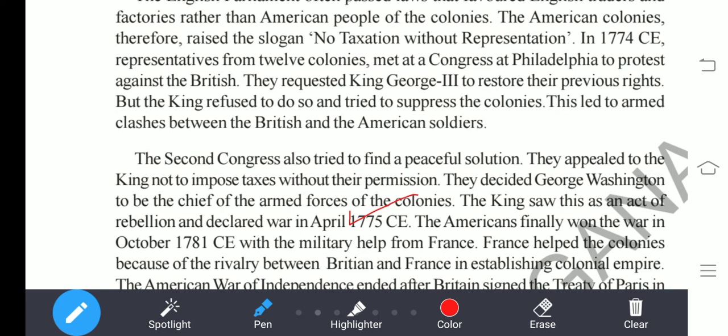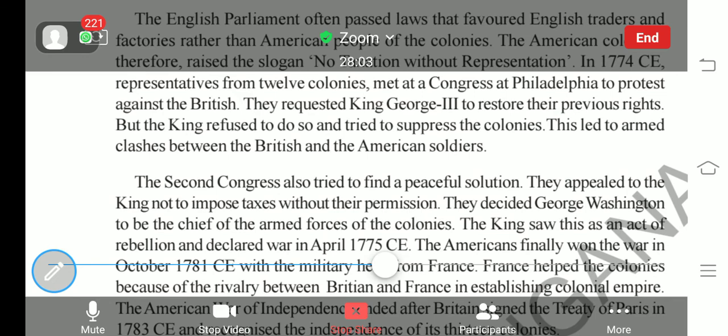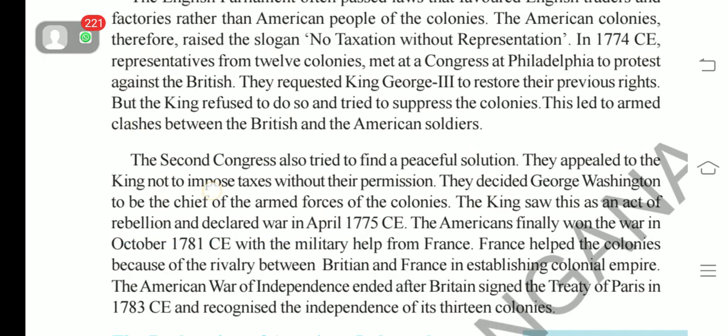In this war, Americans succeeded. Americans finally won the war in October 1781 Common Era. The war started in 1775 and continued until 1781. The people of America succeeded.